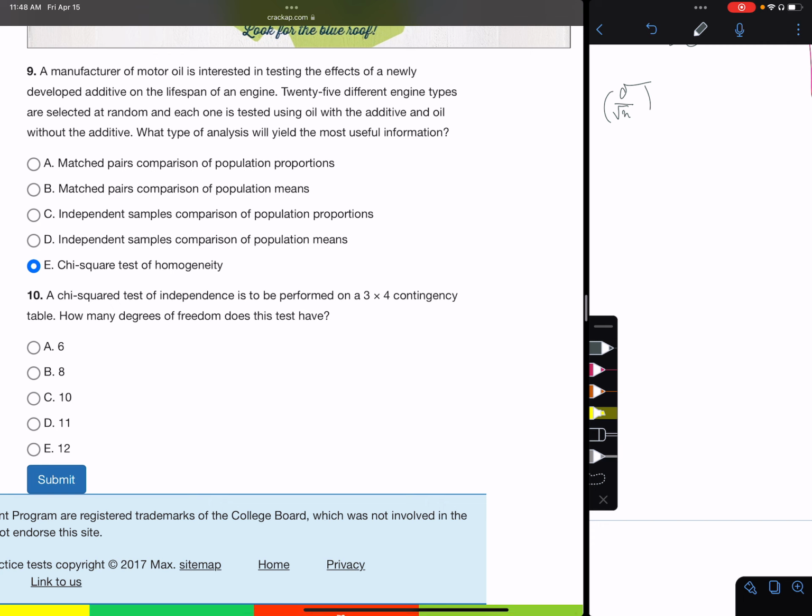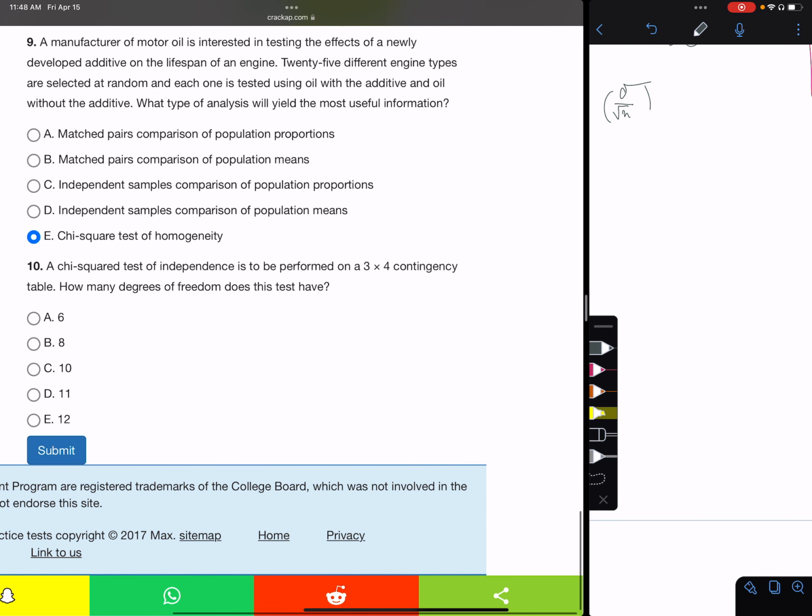Chi-squared? Matched pairs comparison of population proportions. What is matched pairs? Chi-square test of independence, degrees of freedom. That's easy. 3 minus 1 is 2, 4 minus 1 is 3, so 2 times 3 is 6.